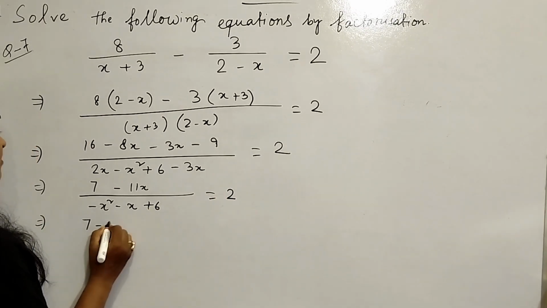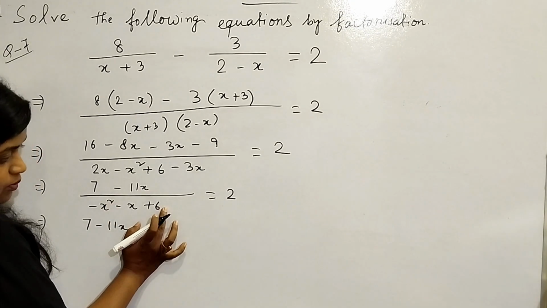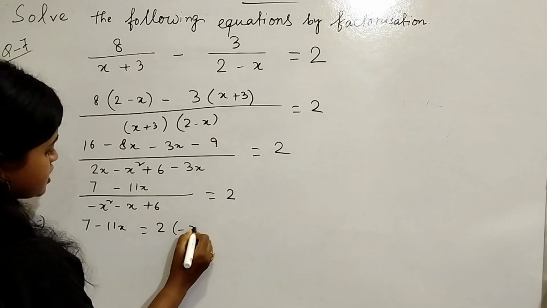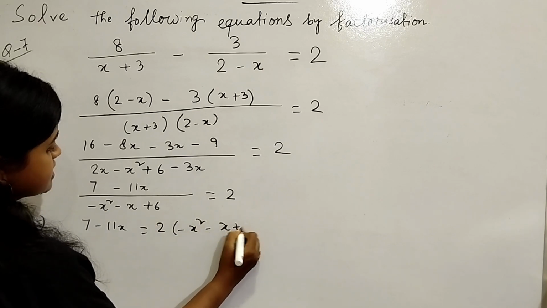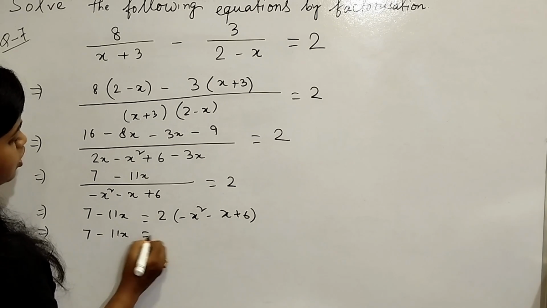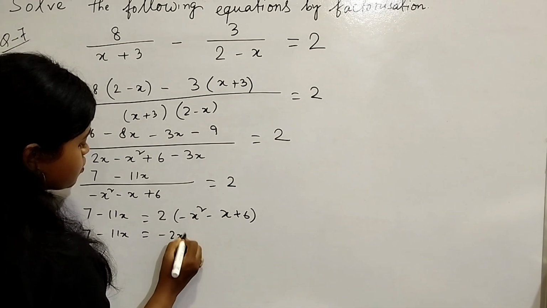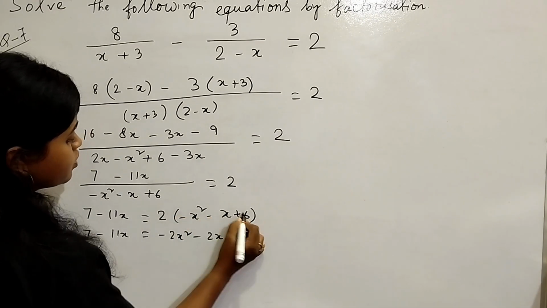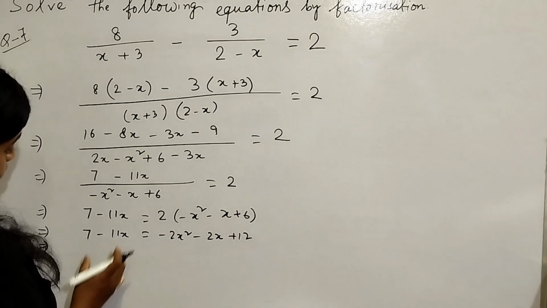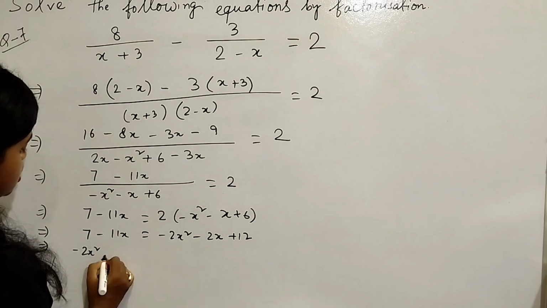So now you have to multiply the denominator to this number. So 2 into this one: minus x square minus x plus 6. So 7 minus 11x, when you multiply 2 into every term, is minus 2x square, minus 2x, plus 12. Now we have to group the like terms, minus 2x square and minus 2x.